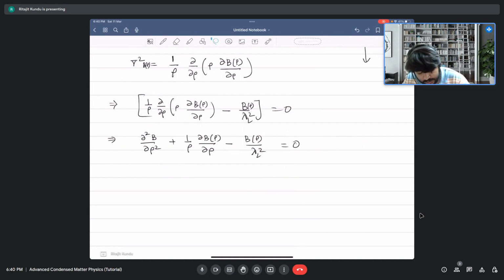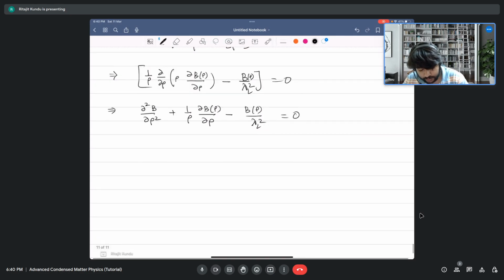Apparently this looks like a complicated expression, but let me give you a hint: something very close to this we really study in mathematical methods. The solution is some sort of special function. So I'll first start with a hint.